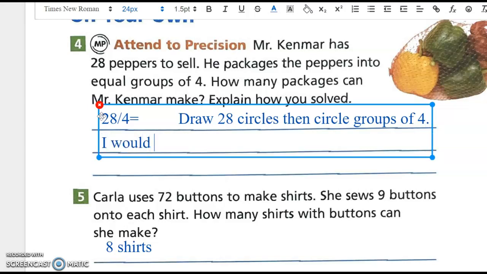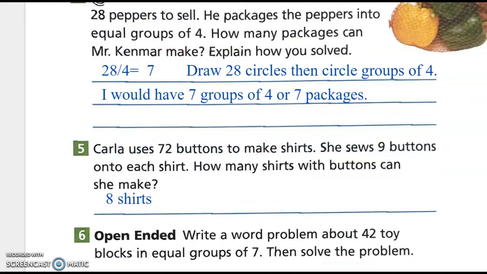I would have 7 groups of 4 or 7 packages. Okay, if you're watching the video, you might need to stop here.